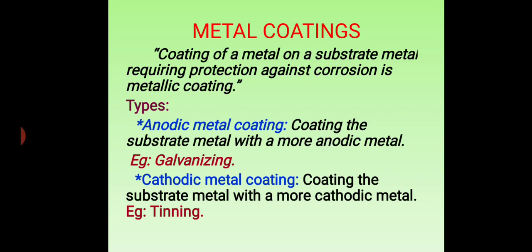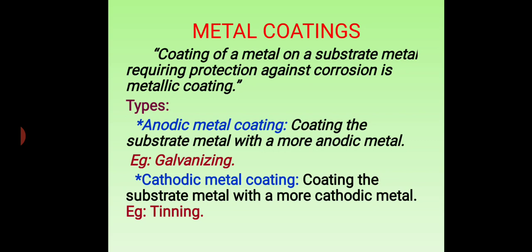Now another type is cathodic metal coating. Under cathodic metal coating, the coating of the substrate metal with a more cathodic metal. For example, Fe is there. We can protect Fe by giving a coating of any other metal which is more noble than it, which has more corrosion resistance power than it. Then ultimately, iron will be protected.